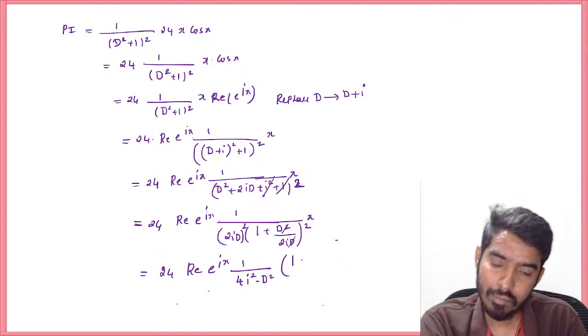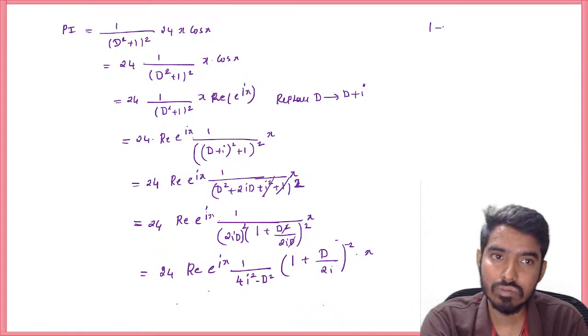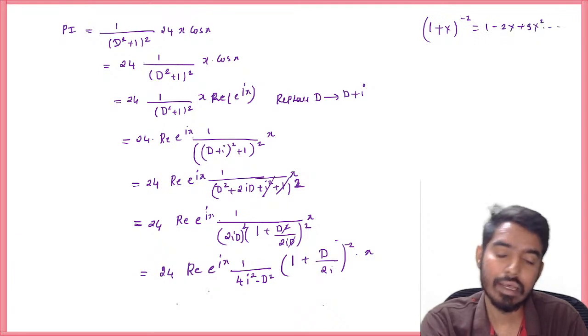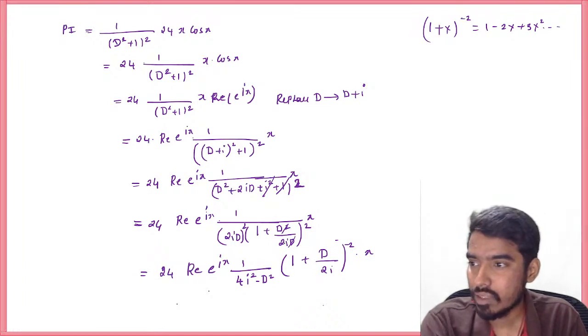So we have 1 plus D by 2i whole power minus 2 into x. So what is 1 plus x whole power minus 2? So it will be 1 minus 2x plus 3x square and so on, right? So we will consider only this term, 1 minus 2x term.